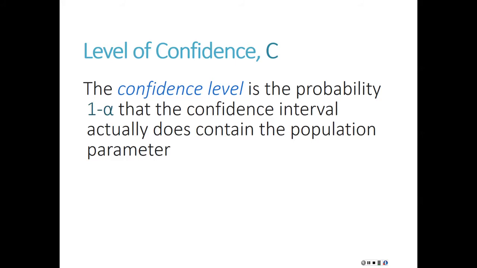We're going to talk about something called a confidence level. Confidence level is going to be basically how sure you are of your answer. The confidence level is the probability, and we're going to use the expression 1 minus alpha, 1 because the total area under the curve is 1, and alpha is going to be the area that's on the outsides of that interval.